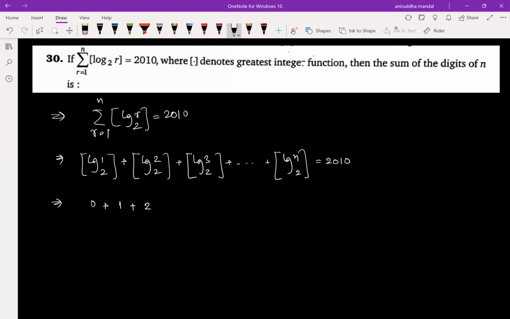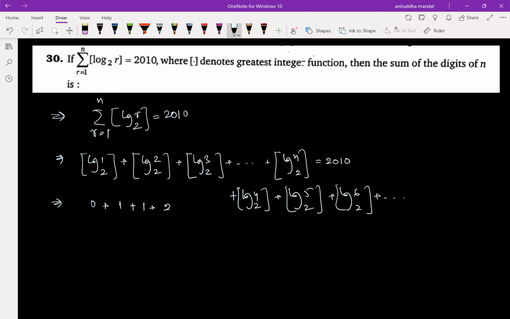So the greatest integer is 1. No, sorry, this is log 3 means 1. Now log 4 means 2. Let me write a few more terms so it will be easy for you: log 4, then log 5, log 6, and so on.